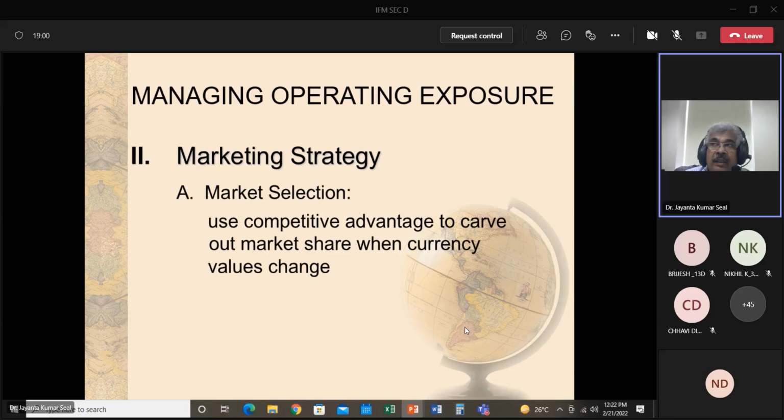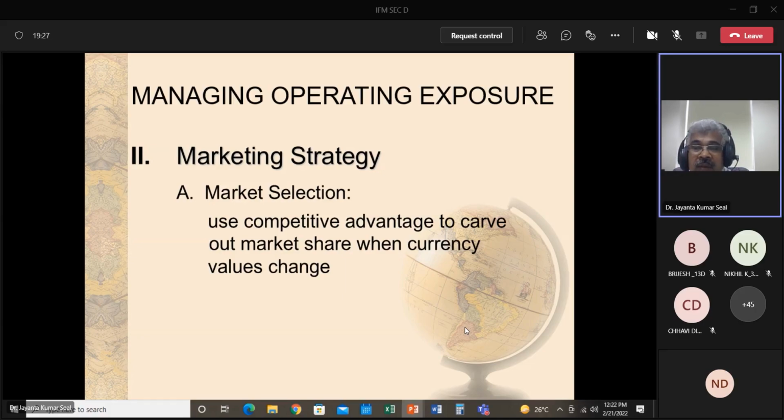Market selection strategy: you definitely try to select a market where you are not affected by the price change. So if it is a new market, nothing like it, use competitive advantage to carve out market share when currency values change. So I am exporting my goods to a country or a market which is unexplored, where my competitors are not present.